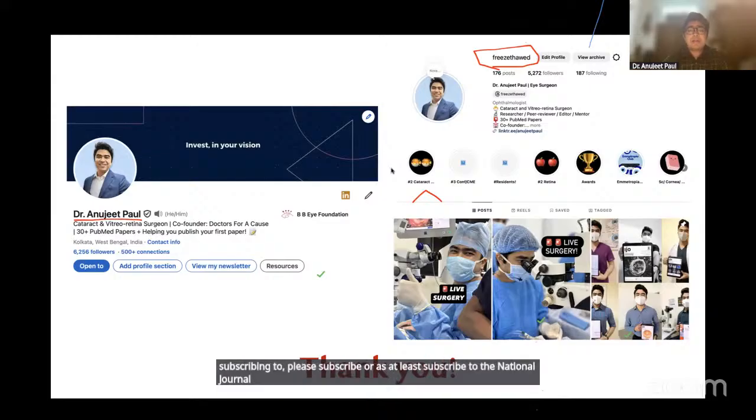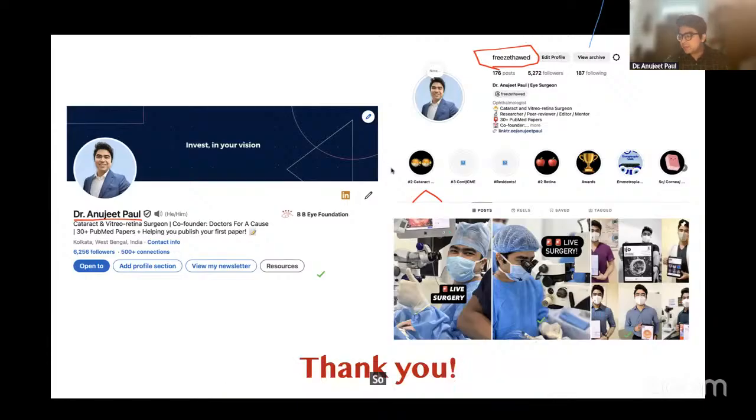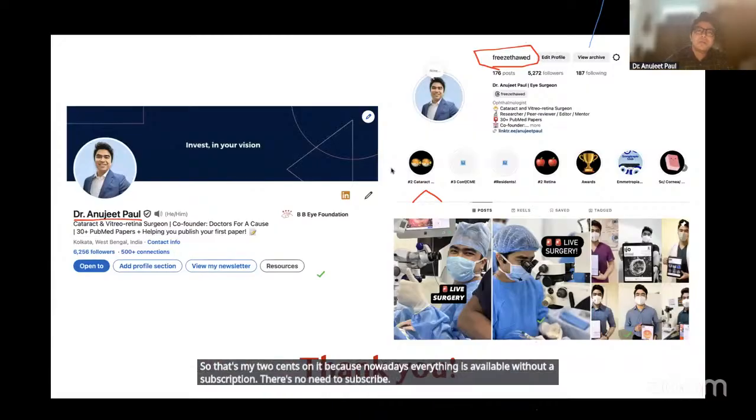And then, for example, if you have an interest in cataract or retina or something like that, then search for high ranking journals in retina or cataract. And if you want only one, then only subscribe to it. So that's my 2 cents on it, because nowadays everything is available without a subscription. There's no need to subscribe, but if you want, that's what you can do. Thanks for your question, Shamvora.